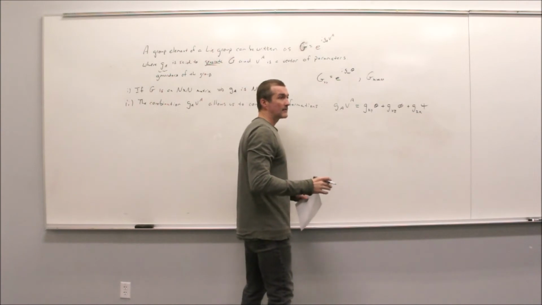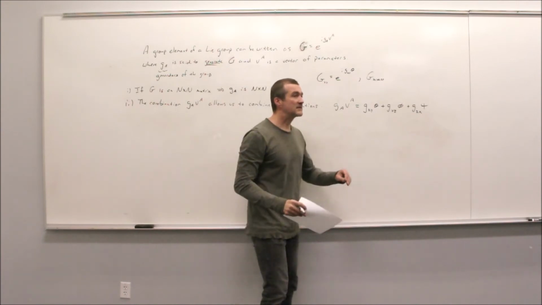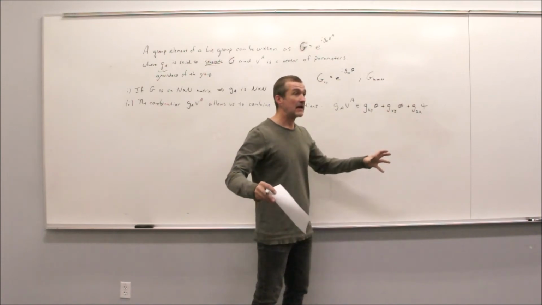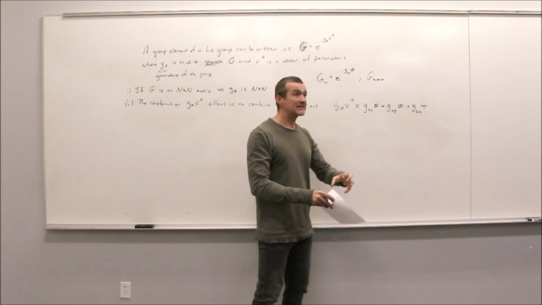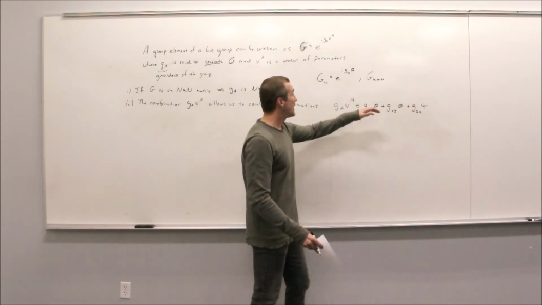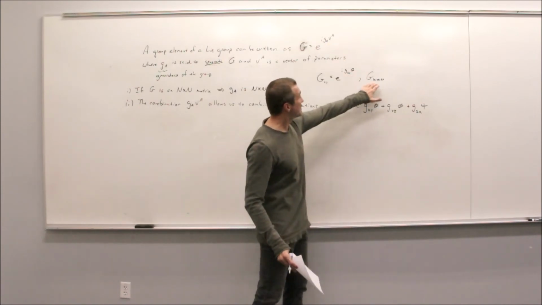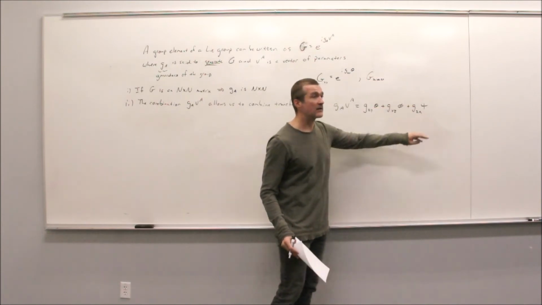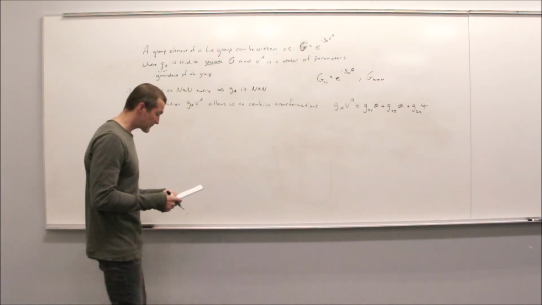Okay? I mean, think about it. This is a group. I could take a rotation in the xy, a rotation in the yz, a rotation in the zx, combine them all at once, and they would have to give me another element of the group. And so this is giving me one expression to define some composite thing like that. I just fill in all the different angles. Okay?